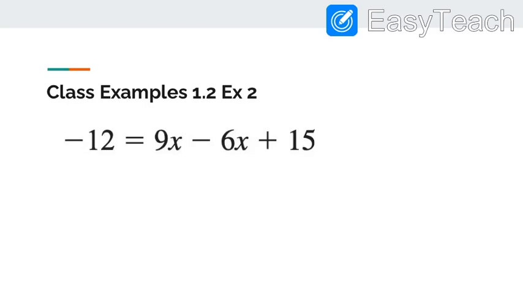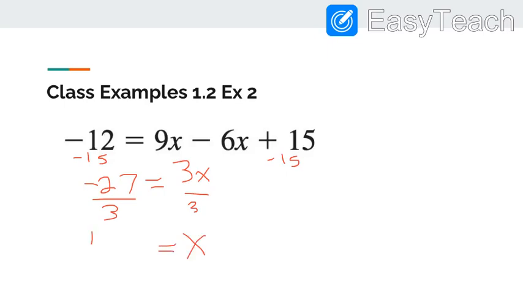So we have 3x, and then if I want to move the 15 around, I could subtract 15 on both sides right away. So I'd be left with negative 27 equals 3x. This I would now need to divide. So I'd have divide by 3 and divide by 3. So my x value is simply negative 9.